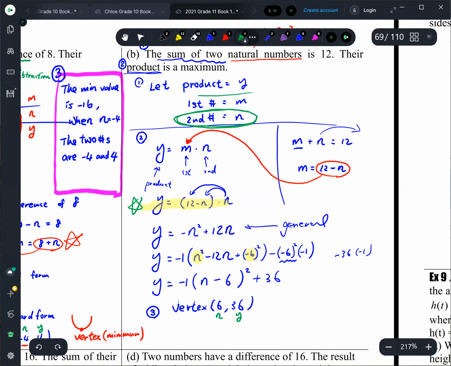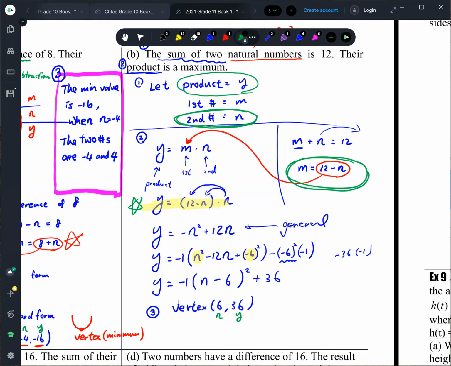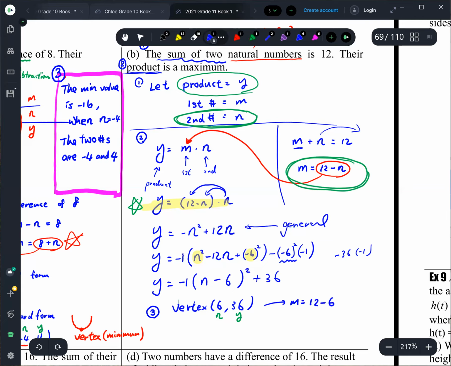Y is the product. And how do we get the first number? You can look at this one. M is the first number, right? M is 12 minus n. So M is 12 minus 6. Okay, so give you M is 6. So we found our two numbers.